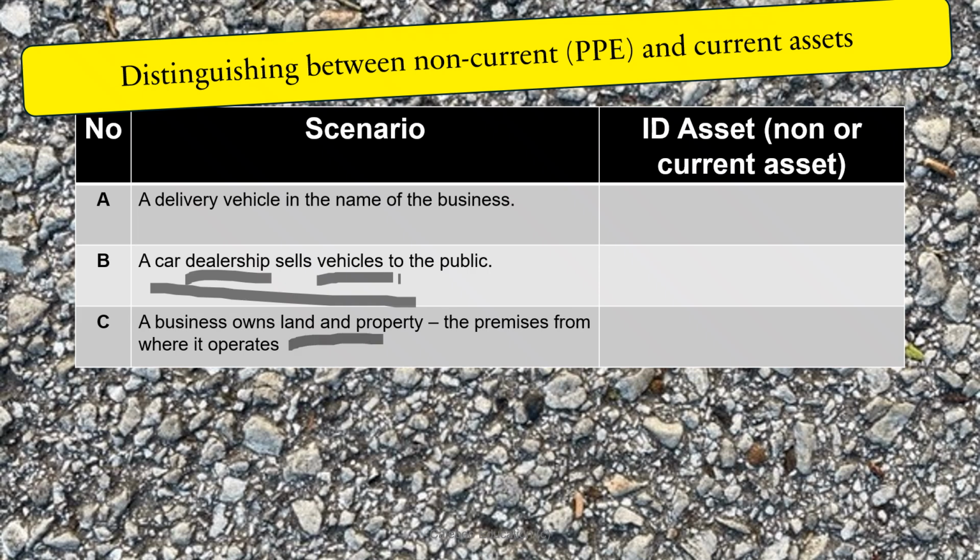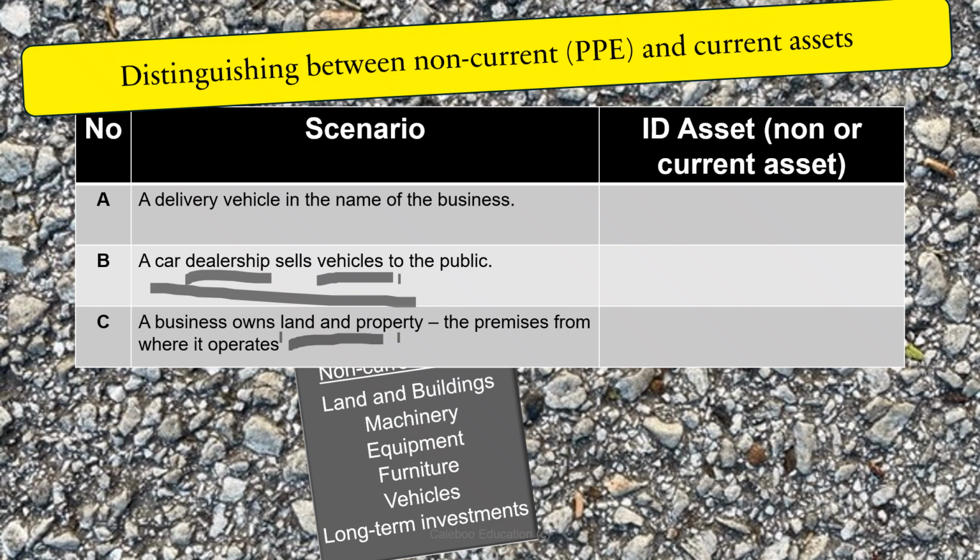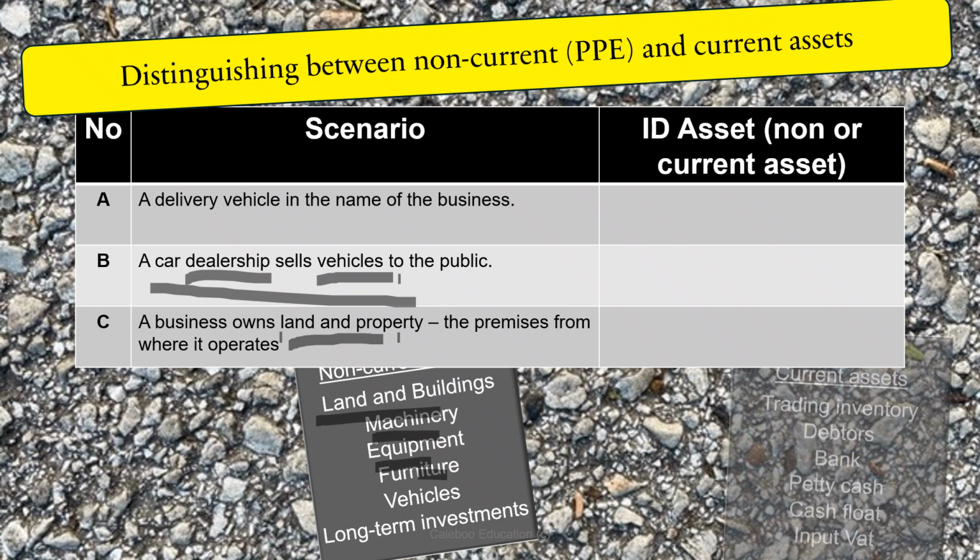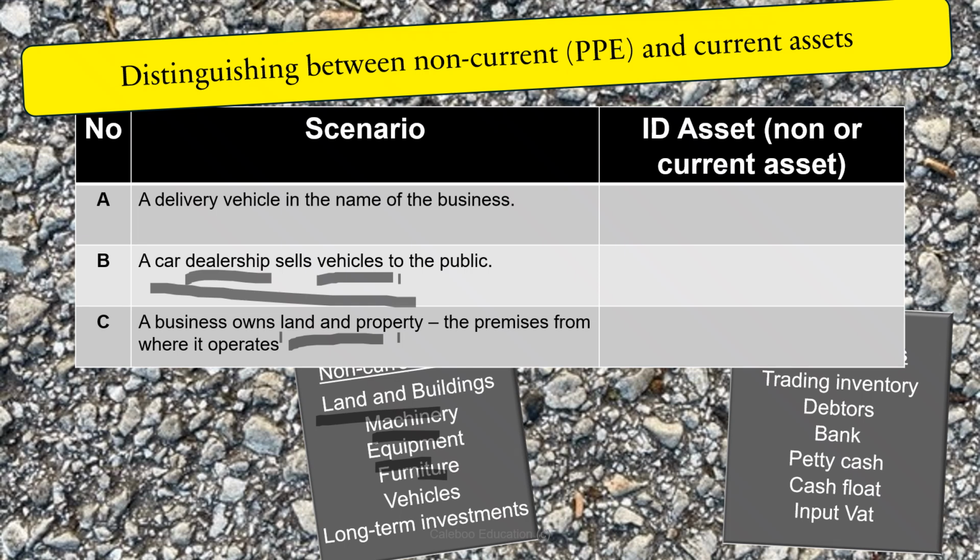And a business owns land and property. Land and property is PPE. Land and property is bought for a long period of time. It fits the definition of a non-current asset. There, the non-current assets listed, as opposed to current assets.